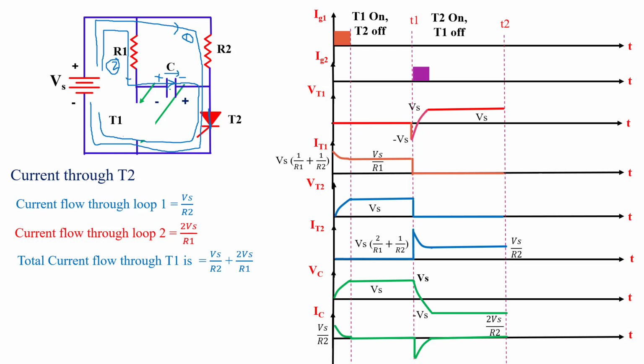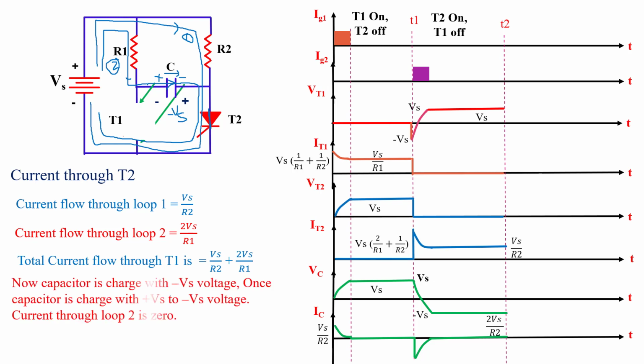When the capacitor starts charging, the current through the capacitor starts decreasing. It means the loop 2 current starts decreasing. When the capacitor is fully charged with minus Vs voltage, the current through the capacitor is 0, so the loop 2 current becomes 0.